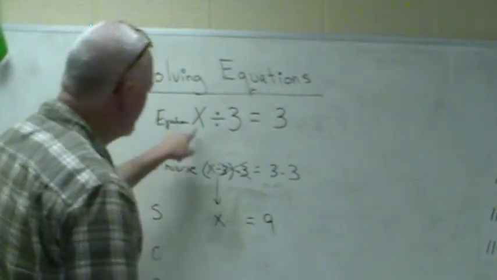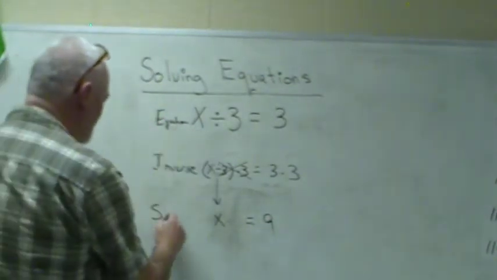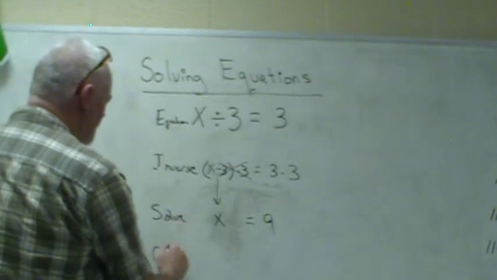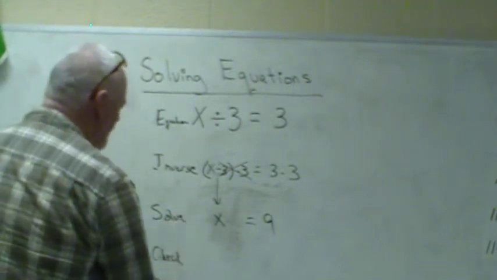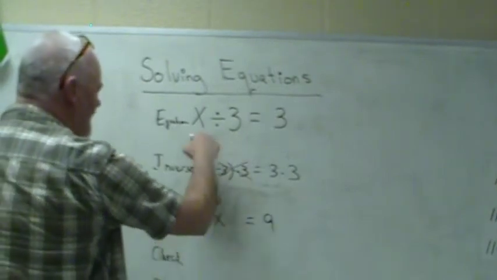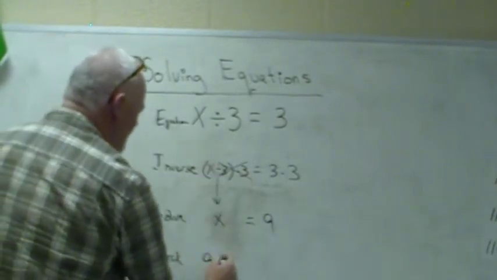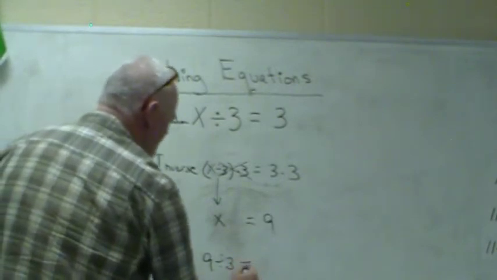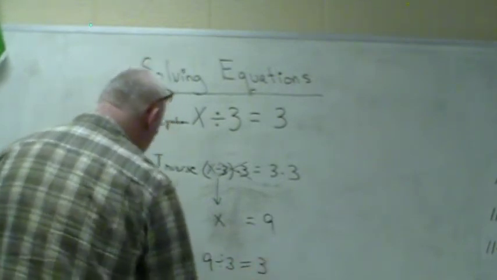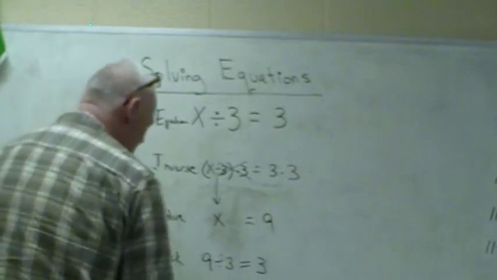If we want to check it, let's put it back in the original problem. We just solved it. Check. Balance. To check it, we put it back in the original. 9 divided by 3 is supposed to equal 3. I don't like to put the equal sign there.